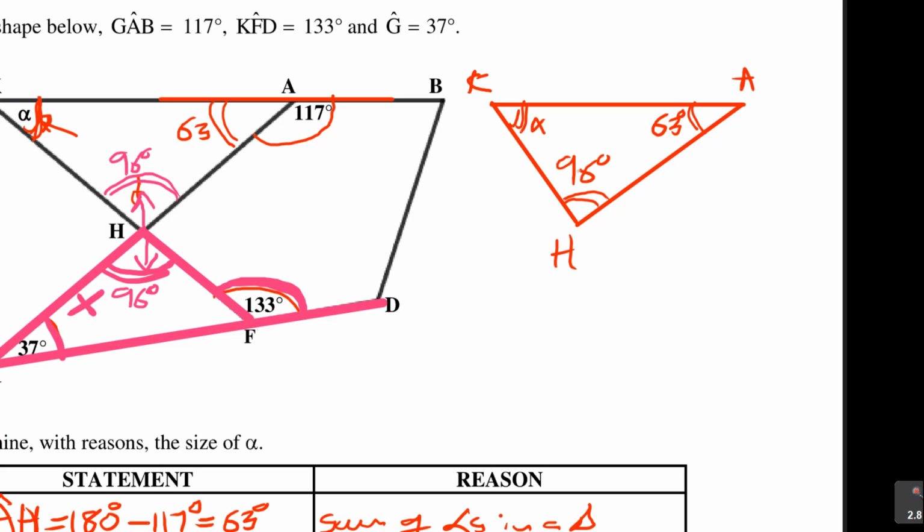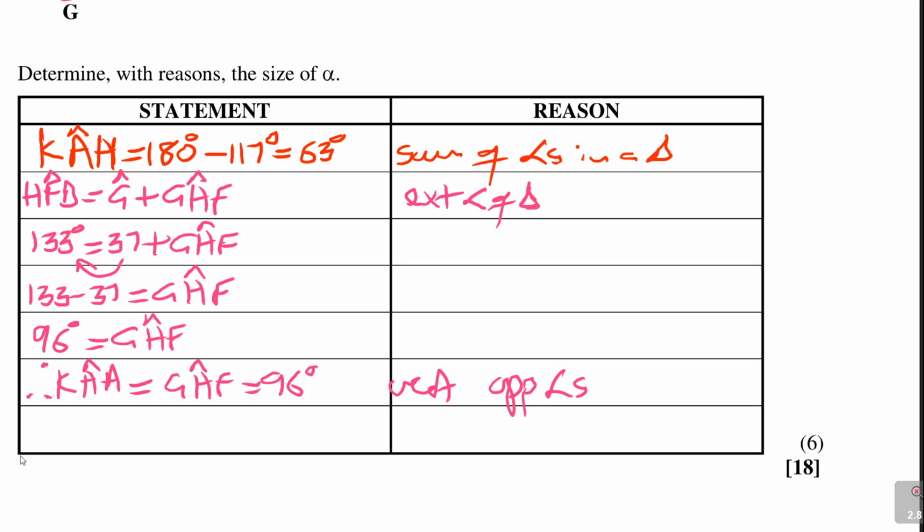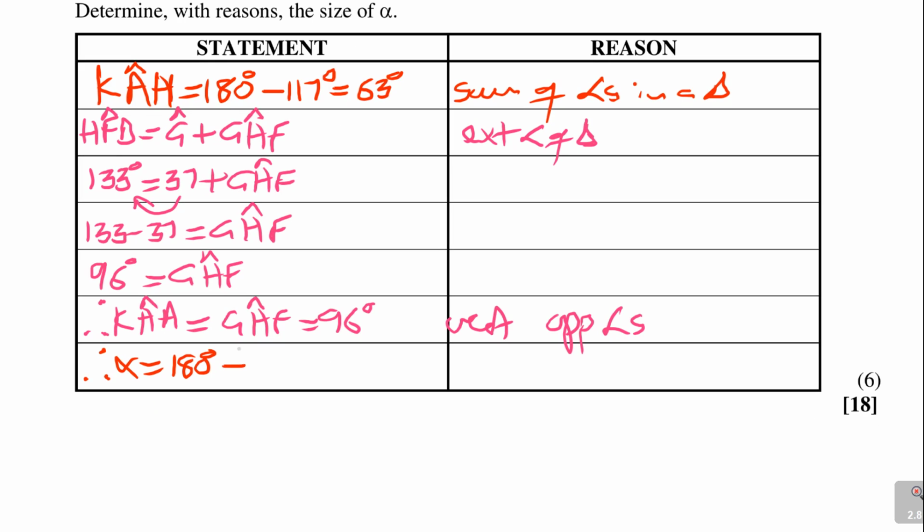So if I add alpha plus 96 plus 63, what do I get? I get 180, sum of angles in a triangle. Or if I subtract these two from 180, I don't have to because of my space, then I'll say therefore alpha is equal to 180 degrees minus these two angles, 96 and 63. Minus 96 degrees minus 63 degrees. Then what is it?